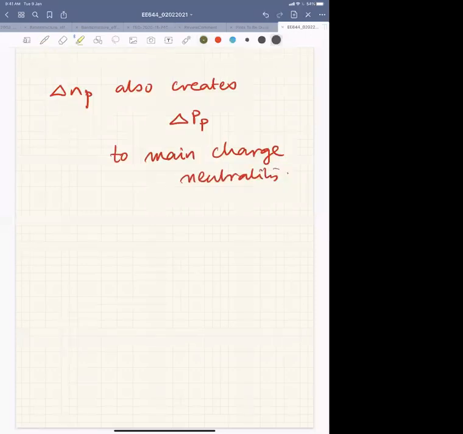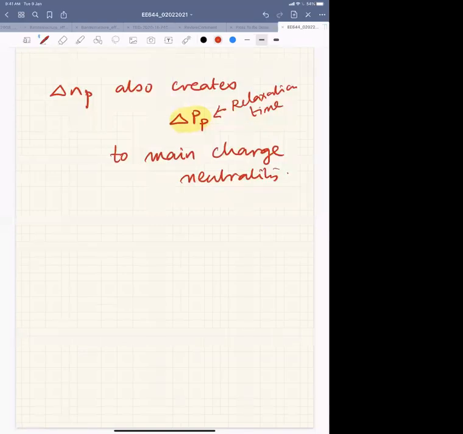This is generated very fast by the carrier; you call it the relaxation time of the semiconductor, because this is in the order of picoseconds. So the moment you put some minority carriers, similar majority carriers will also be generated, by this relaxation time. It's very small. Instantly your semiconductor will respond.